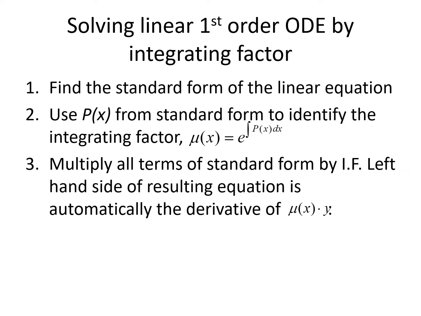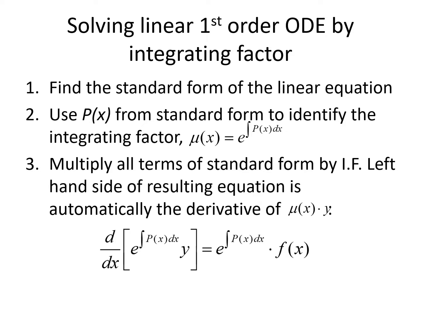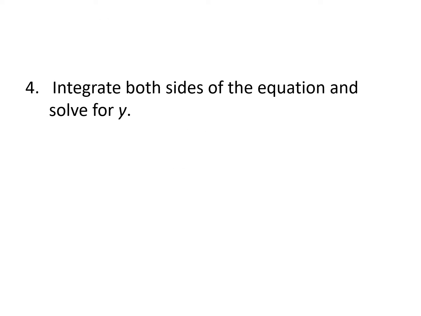So after we multiply through by our integrating factor, we can rewrite the left-hand side as the derivative of that integrating factor times y, and on the right-hand side we would still have our integrating factor times whatever f of x was. This is an important part of the process that isn't necessarily straightforward. It's something you just need to remember how to do. And then finally, we're going to integrate both sides of the equation, and we're going to solve for y.